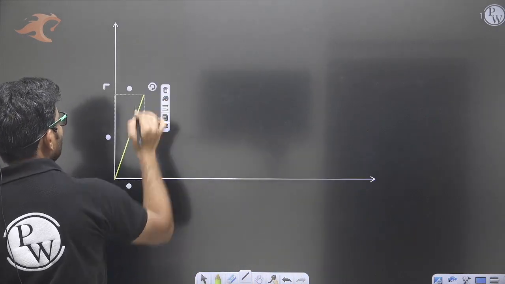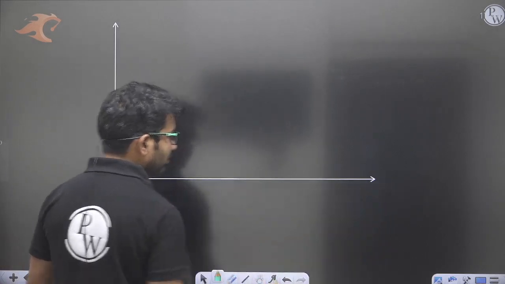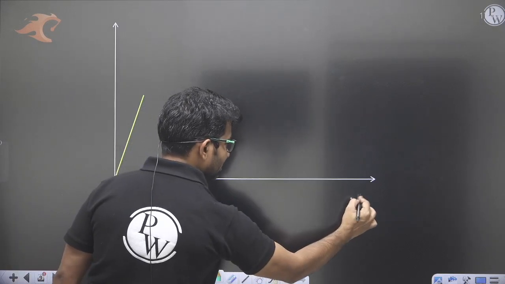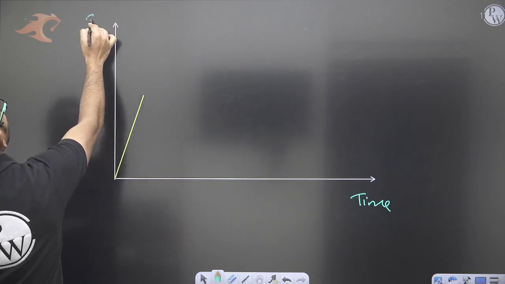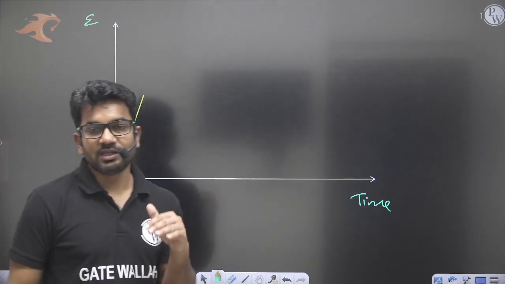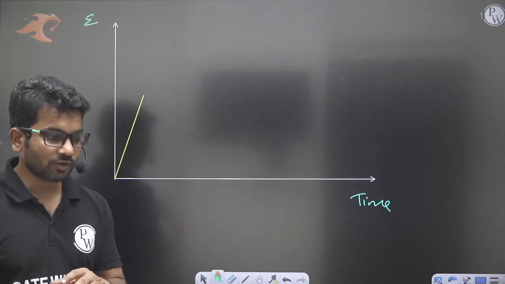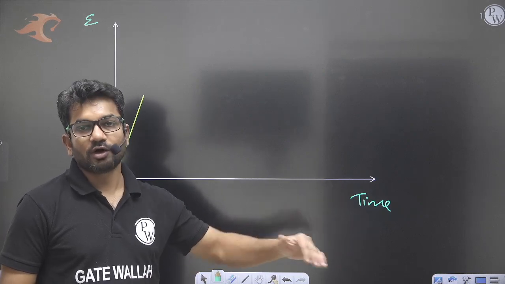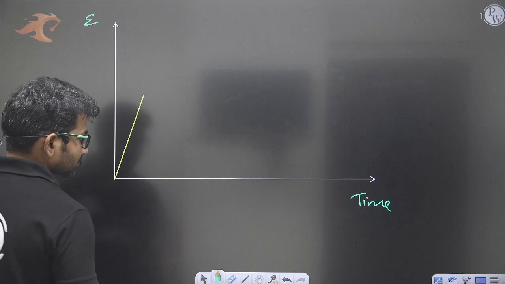I have already told you what a gradually applied load is; you must have seen the lecture. A gradually applied load takes some time to apply. Here we have time on the x-axis, and here we have strain. Creep can be measured in terms of deformation also, and in terms of strain also. If we measure in terms of strain, we call it creep strain, and if we measure in terms of deformation, we call it creep deformation.